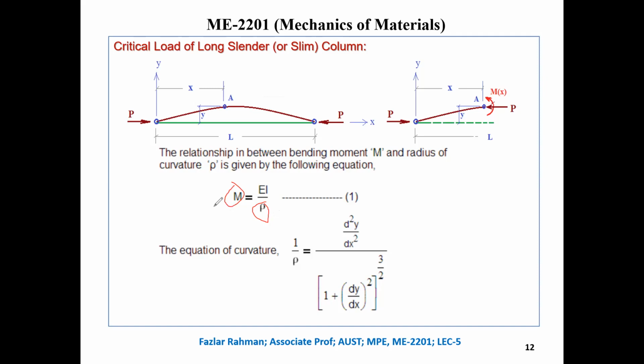That means M over rho will depend on the modulus of elasticity and also the section property, that means the moment of inertia. So it gives the relationship between the bending moment and the radius of curvature rho, given by this formula. So this is equation 1.